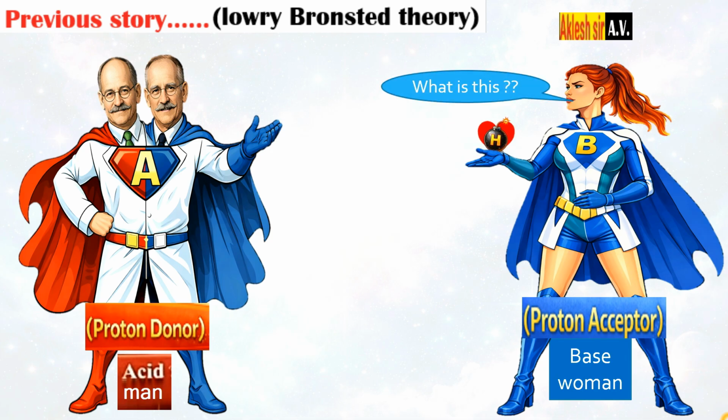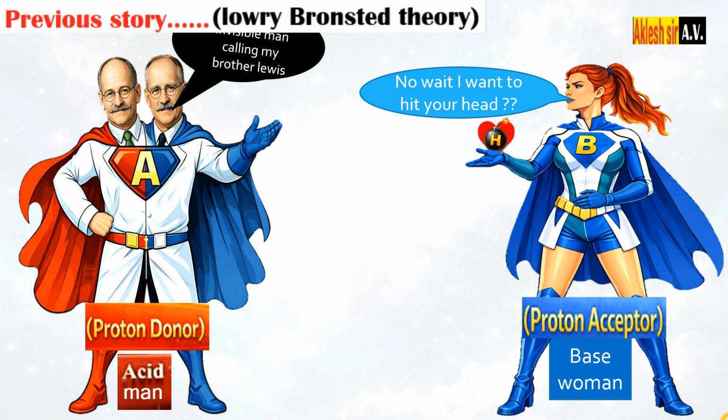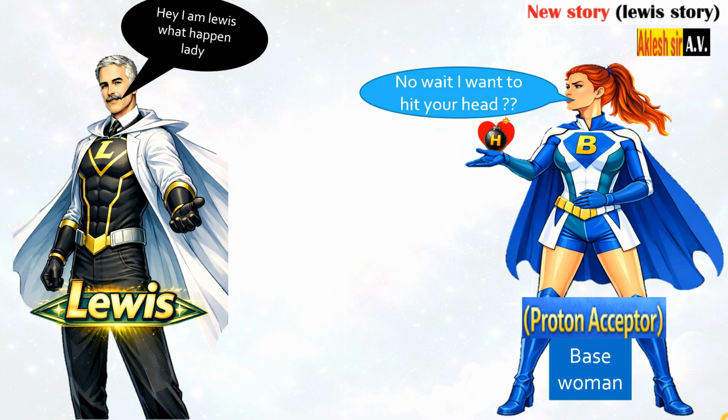What is this? This is my proton heart bomb. Do you like it? No. Wait, I want to hit your head. Oh no. Now I am invisible man. Calling my brother Lewis. Hey, I am Lewis. What happened, lady?